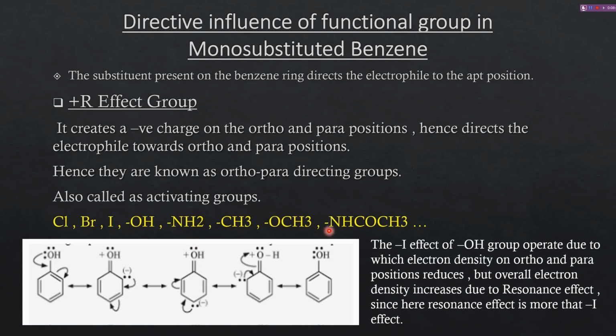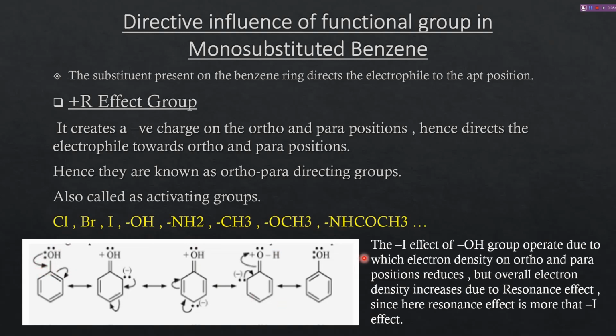So what is happening is basically here plus R effect is more than minus I effect. Like plus R effect is dominant than minus I effect. So this electron withdrawing property of OH is less than the other one, that is plus R effect, right? I hope that is clear.